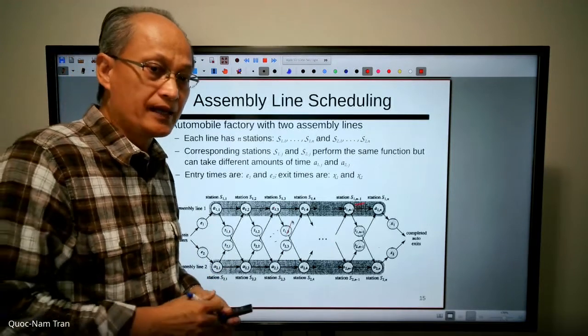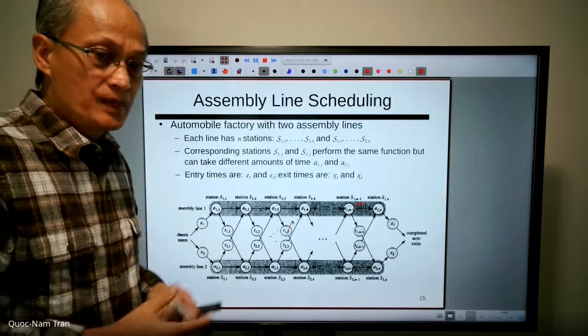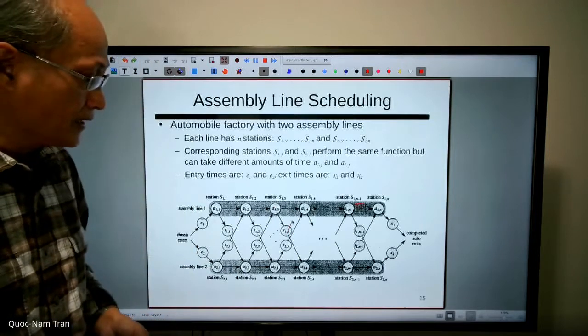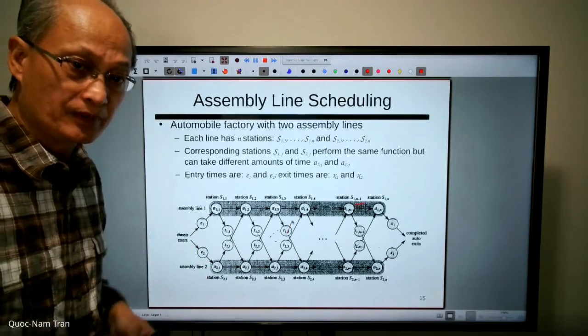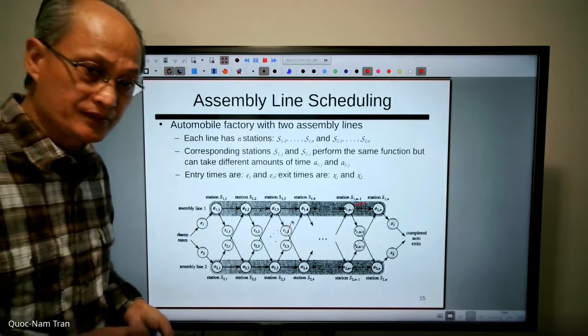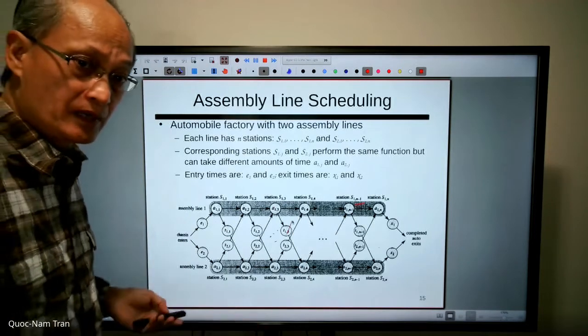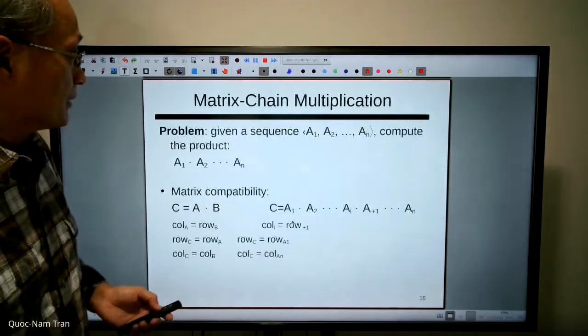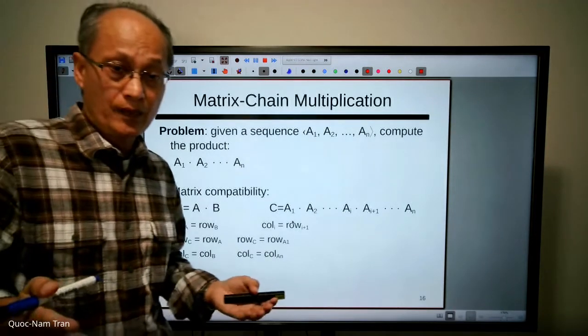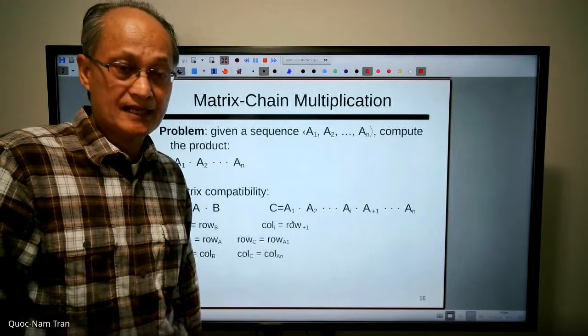That's why it helped them speed up the process, and as a result, they produce a lot of cars. So it's one real-world application.